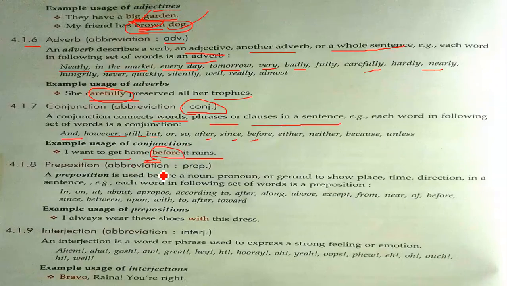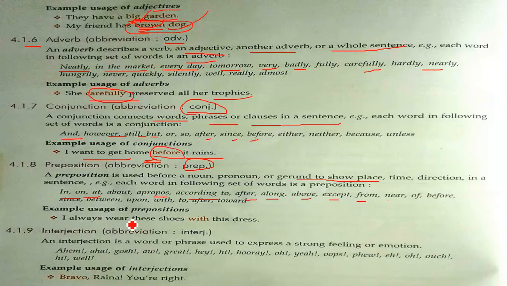Preposition, having the abbreviation PREP dot. A preposition is used before a noun, pronoun, or gerund to show place, time, or direction in a sentence, like in, on, at, about, apropos, according to, after, along, above, except, from, near or before.